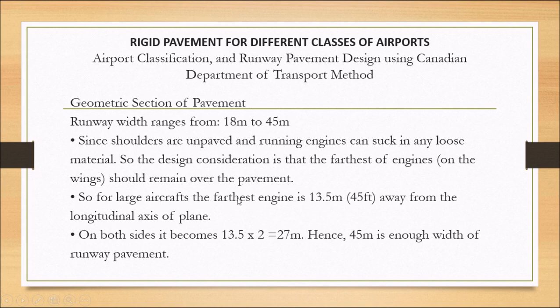So for large aircraft, the farthest engine is 13.5 meters, which is equivalent to 45 feet away from the longitudinal axis of the plane. On both sides, it becomes 13.5 multiplied by 2, which is 27 meters. Hence, 45 meters is enough width for runway pavement.